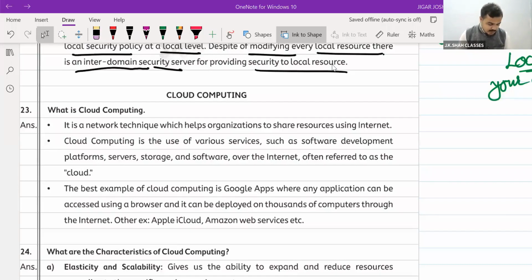Cloud computing is a method or a technology by which data can be shared or can be accessed from anywhere at any time by using internet.